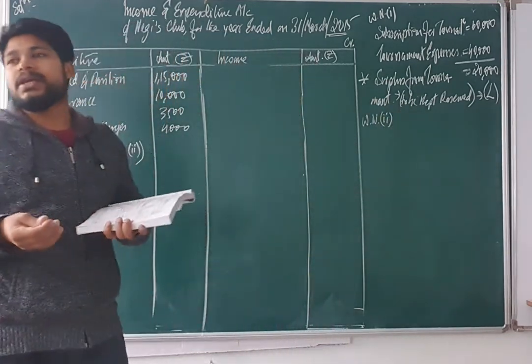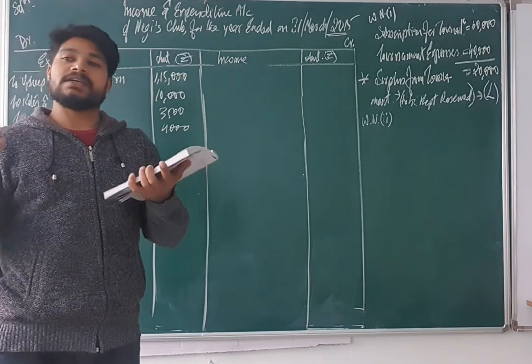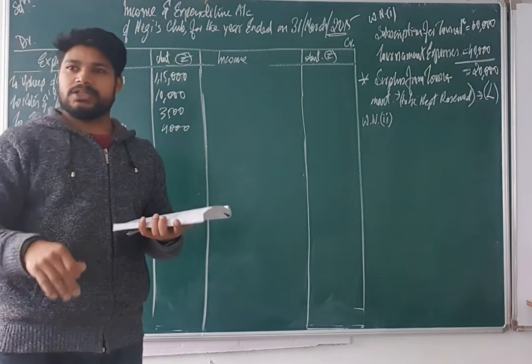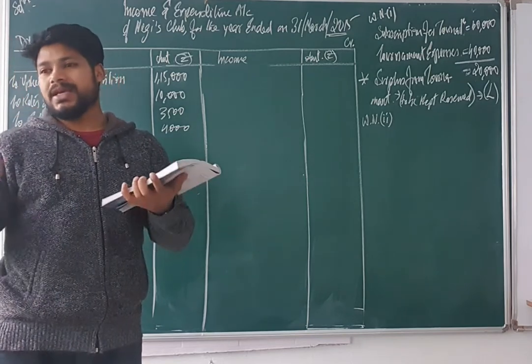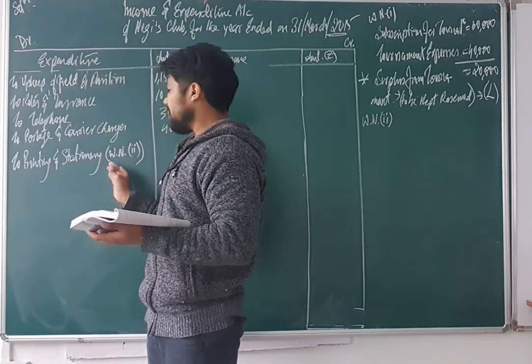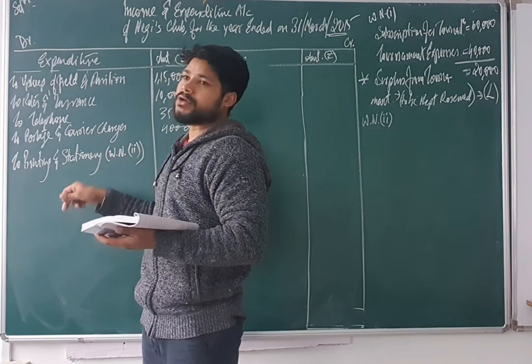We are consuming it, so whatever we have consumed in this year will be the expense for us, and we have to include only the consumption of printing and stationery for this particular year.